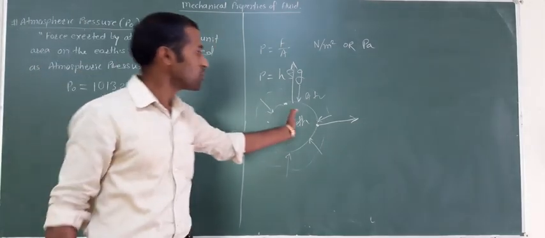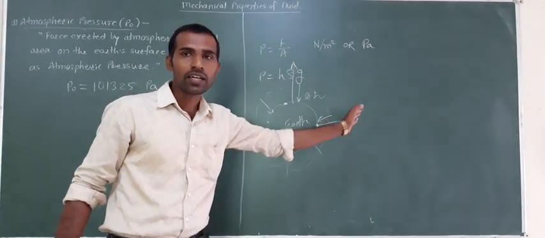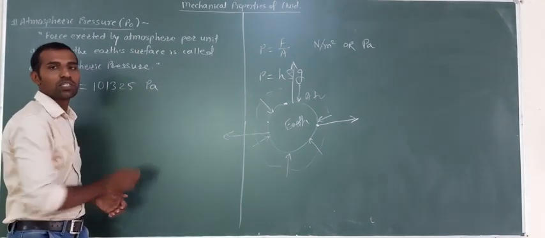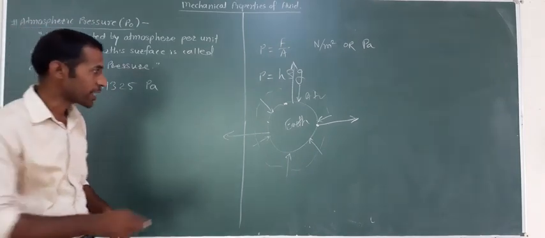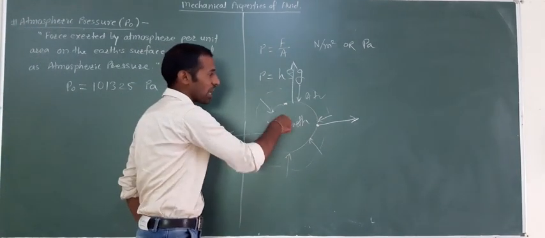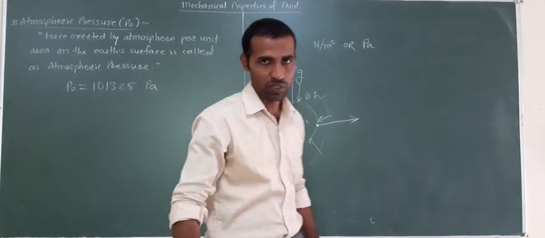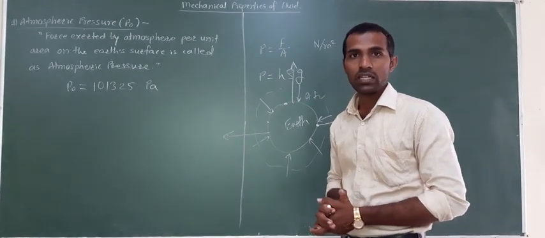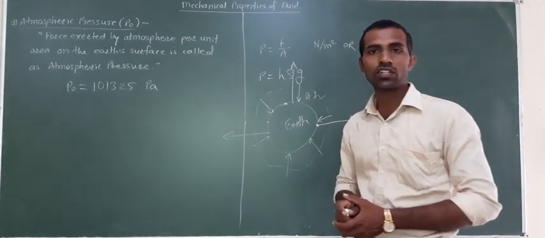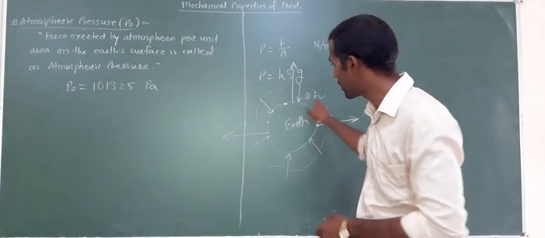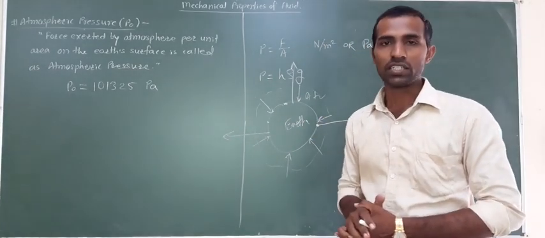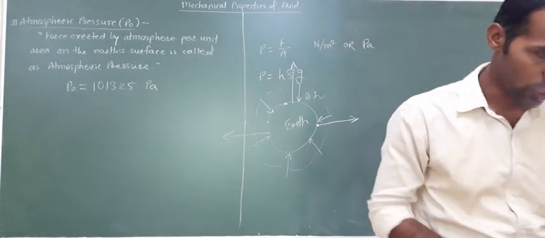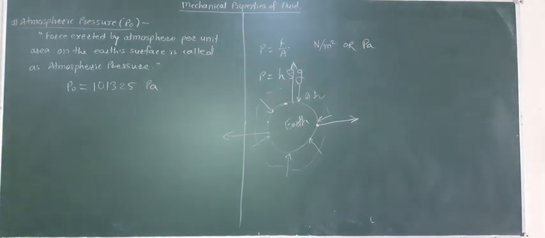Similar to pressure, the density of the atmosphere at the Earth's surface is also largest, and density decreases with increasing altitude. Okay. This is the concept of atmospheric pressure.